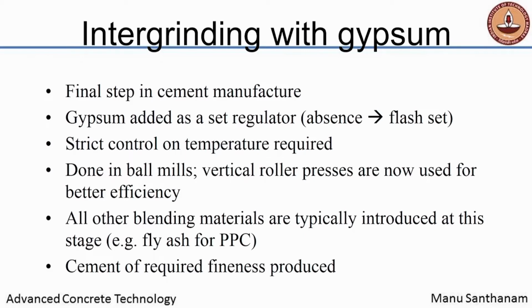So that is an important aspect to consider for the design of a correct blending or grinding process. All the other blending materials like fly ash or slag, depending upon whether you are making blended cement for example, are also fed into the grinding process. And ultimately from the grinding process the cement of the required fineness is produced.